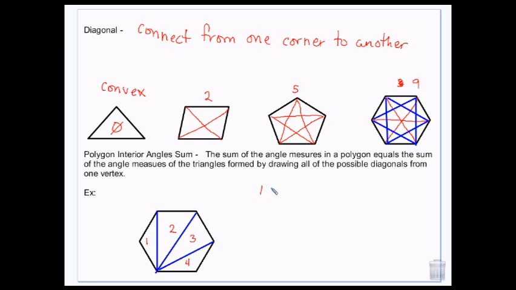Each triangle is 180 degrees, right? So 4 times 180 is going to tell me how many degrees are in this total polygon. So that's going to be 720 degrees.